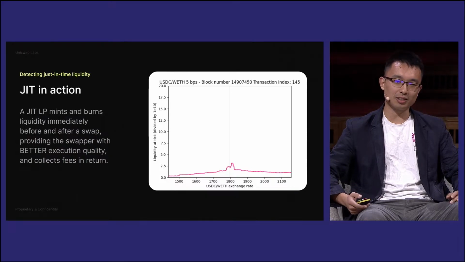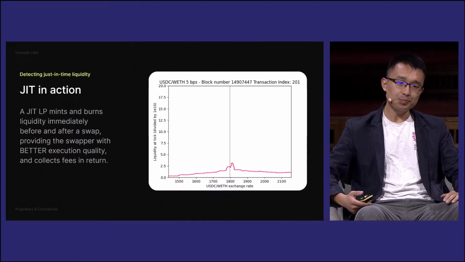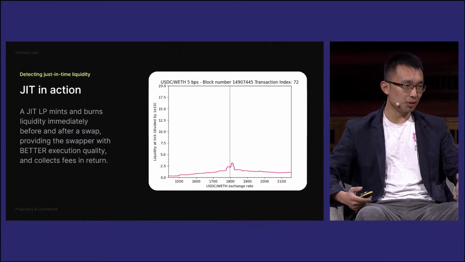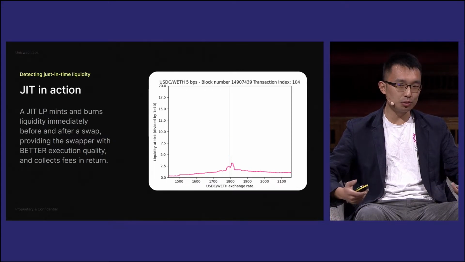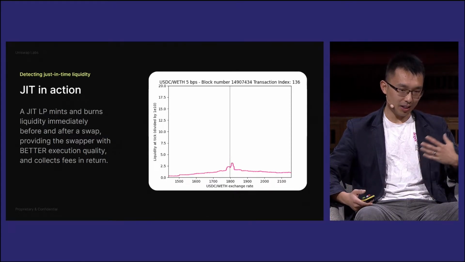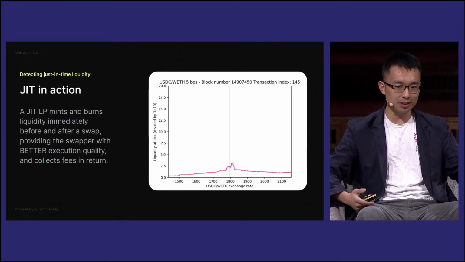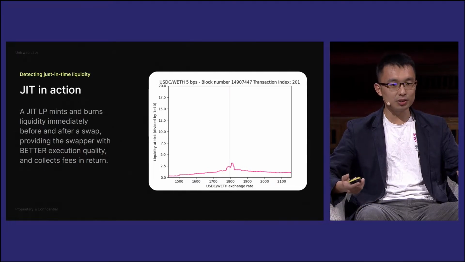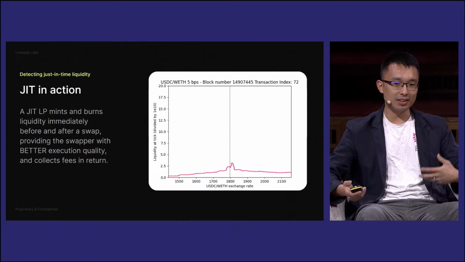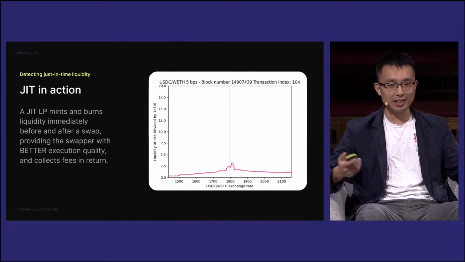What is just-in-time liquidity? On the Uniswap protocol, broadly speaking, there are 2 groups of people. There are the liquidity providers who deposit some capital to facilitate trading. Then there are traders who are liquidity takers. They send in one crypto, and they take out another.